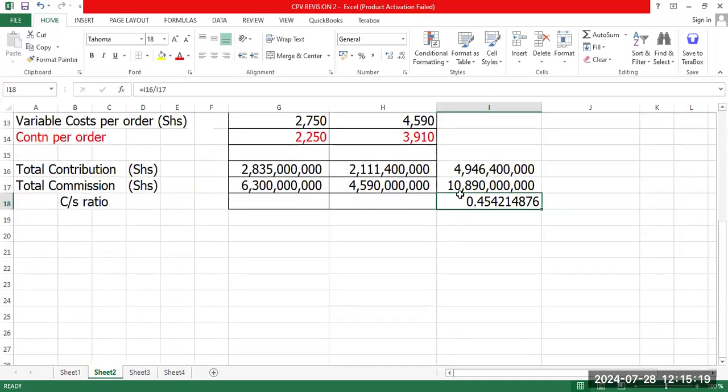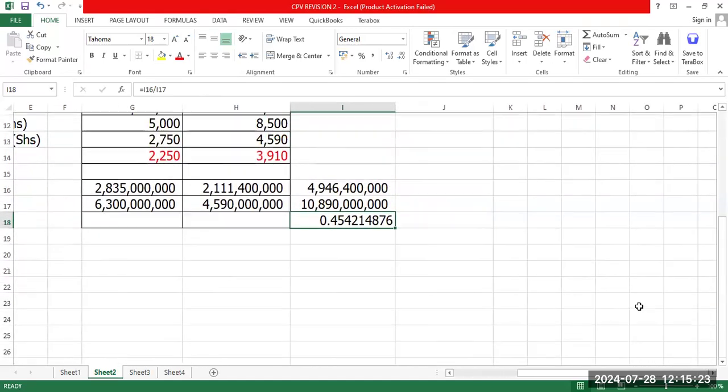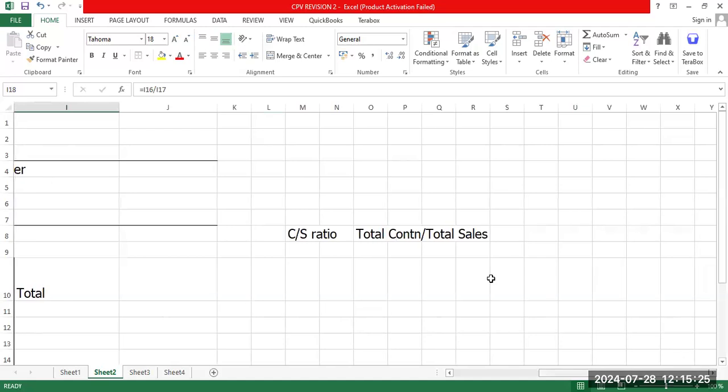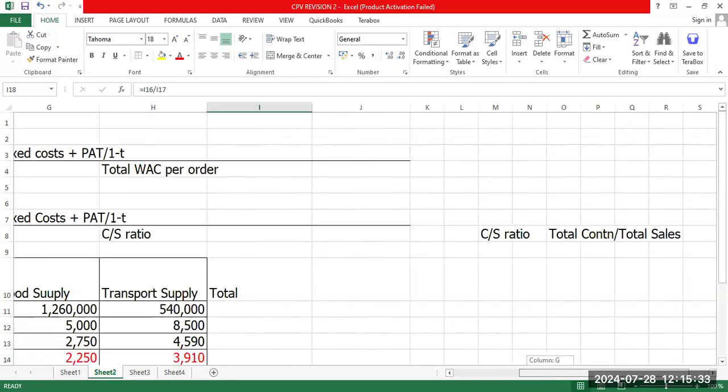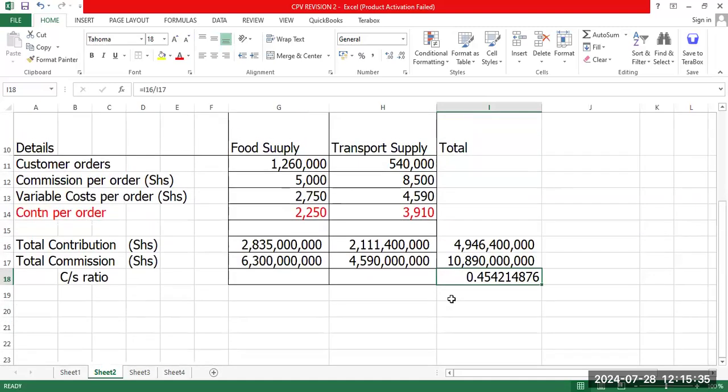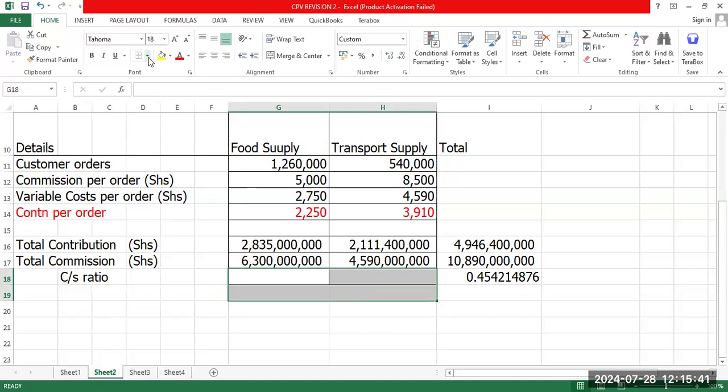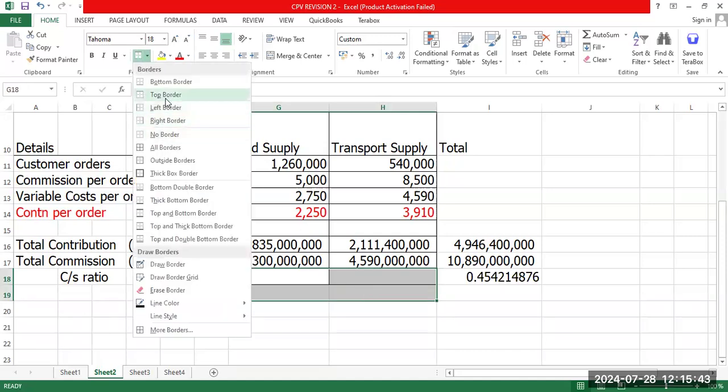By getting your total contribution with this formula, you then divide by total sales. Then you get the contribution to sales ratio. For you to be very accurate, we recommend that you maintain the decimal points the way you have them on the calculator.